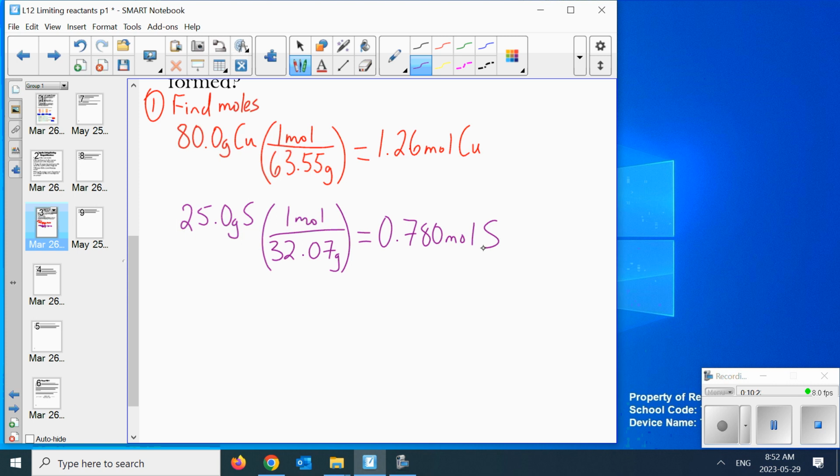That's what we're starting with. They're not all going to be used up, unless magically they're the exact same amount, mole-wise, that we perfectly need.